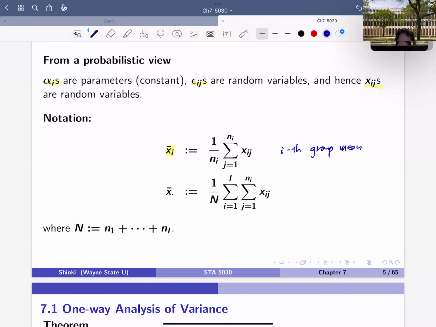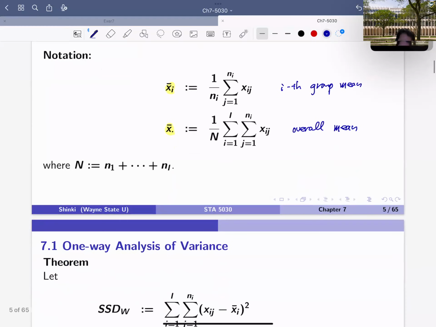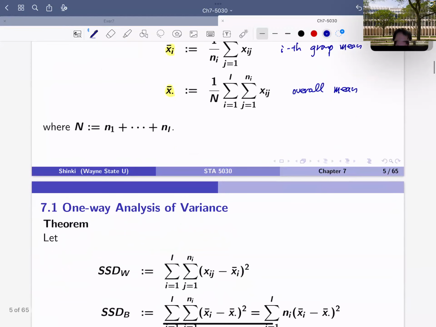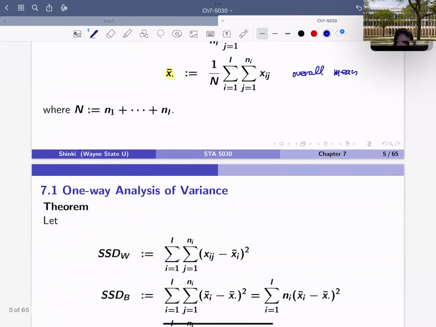And x bar dot is the overall mean. So it is convenient notation, intuitive notation. So x bar i, that is the mean of ith group, and x bar dot, that is the mean of all observations.